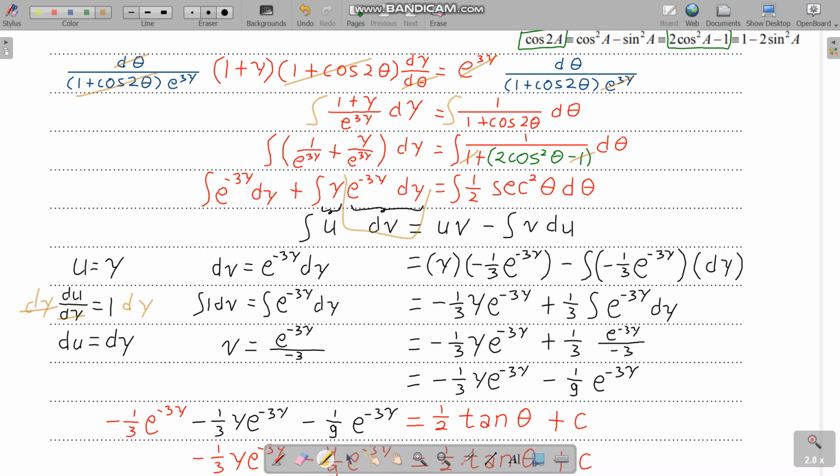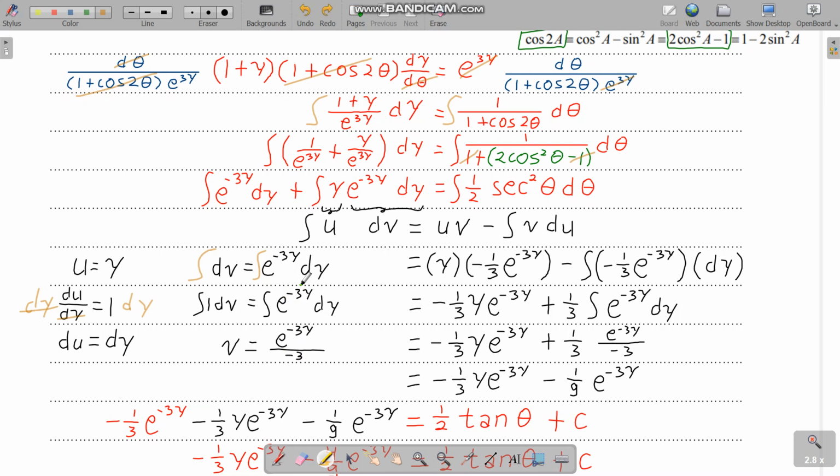And for the dv, we have to integrate both sides. Just think of this as integral 1 dv is like integral 1 dx is x, integral 1 dv is v. So the integral here, using the formula, we get exactly the same thing, divided by minus 3 because of the minus 3 chain rule.